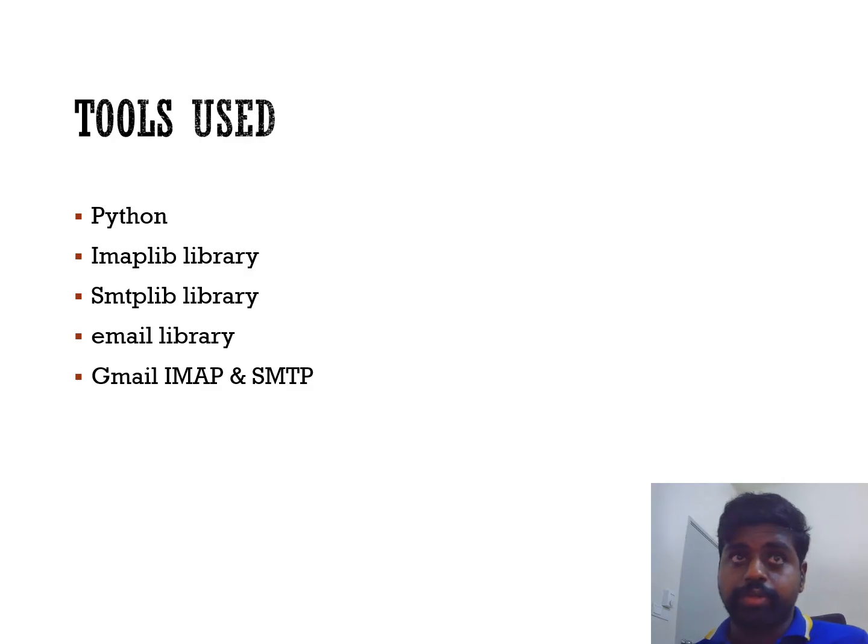Okay, the tools that we have used for this project are Python, which we use to code all these functions. Next, we have used the IMAP library, the SMTP library, the email library, and Gmail IMAP and SMTP.